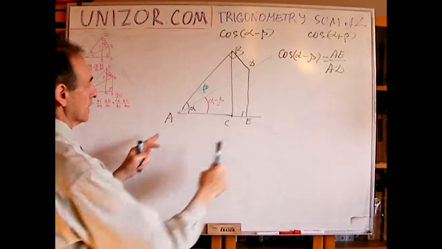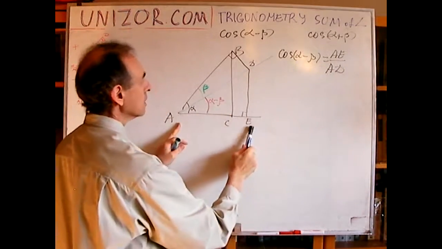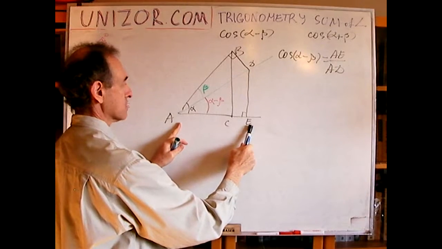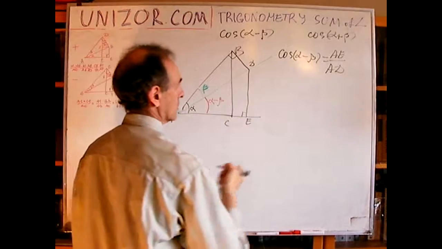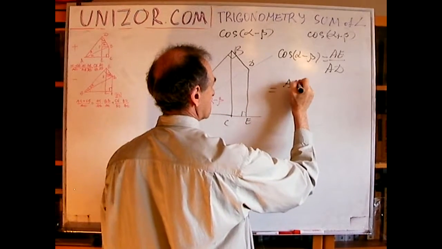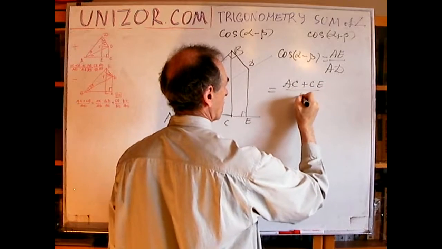Now, let's consider what AE actually is. AE can be expressed as AC plus CE. So, AC plus CE over AD.